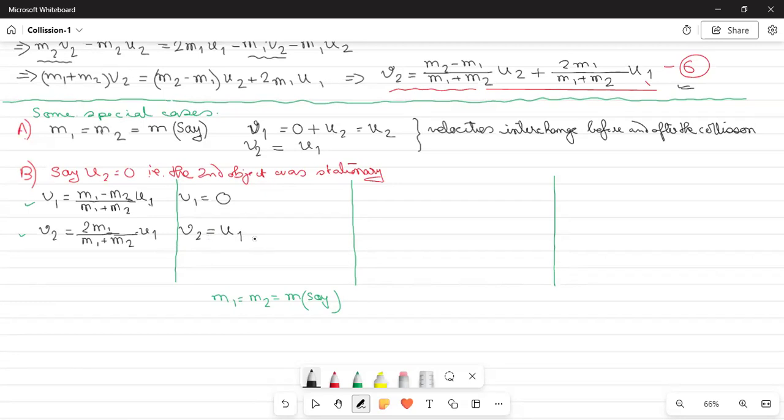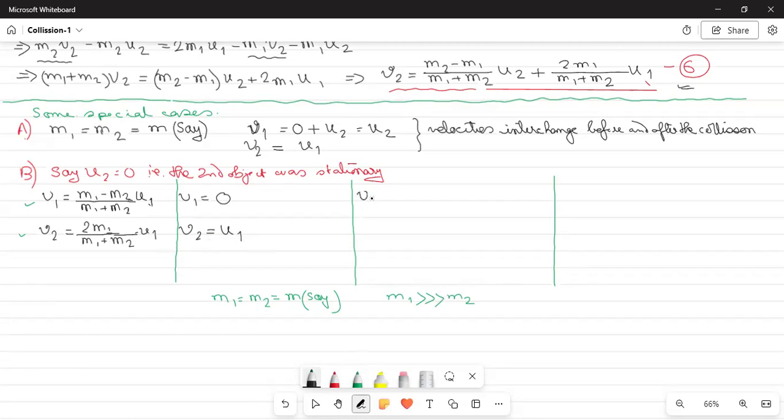This is one case. Another case, let us say M1, that is the first object, is very heavy with respect to M2.